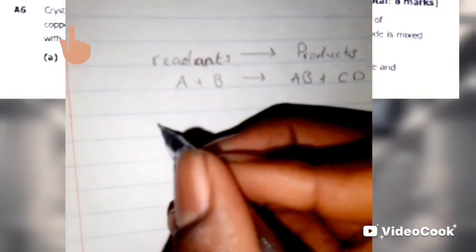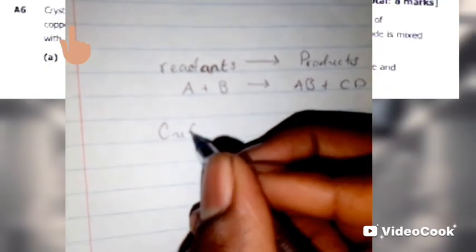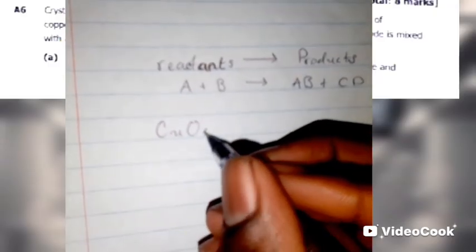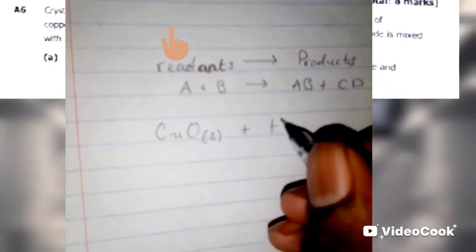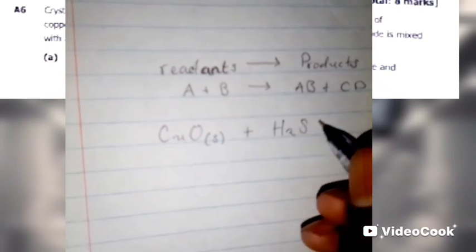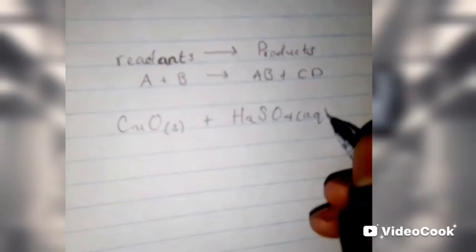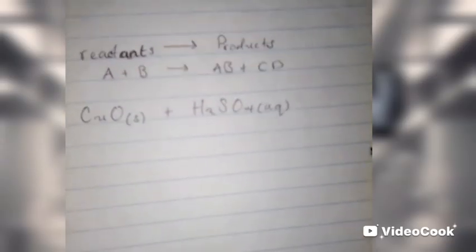So that's copper oxide, and we know that it's in a solid state, reacting with sulfuric acid, which is a solution, and all solutions are in aqueous state, basically the liquid mixed with some water.